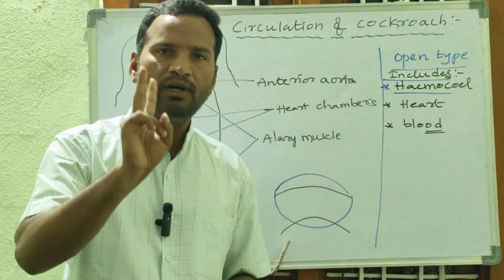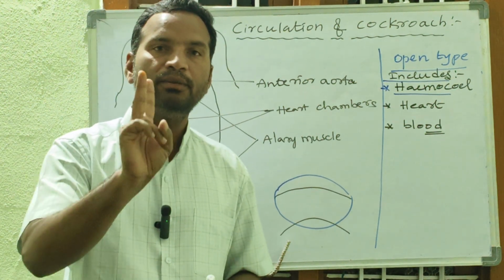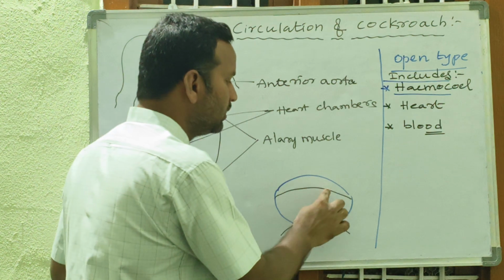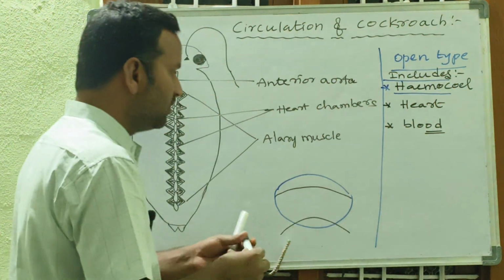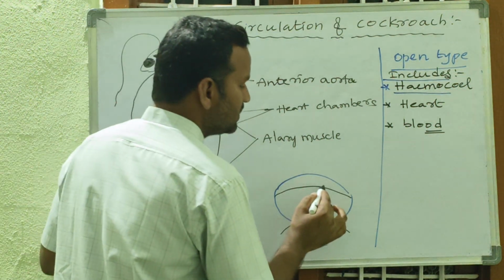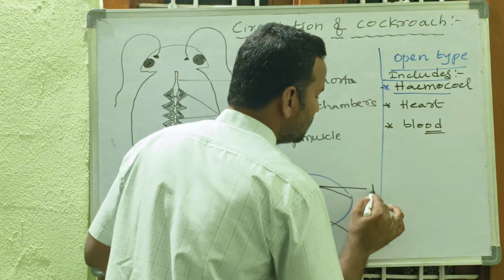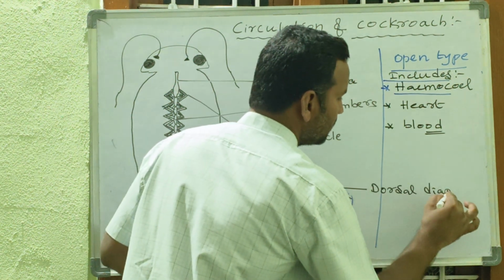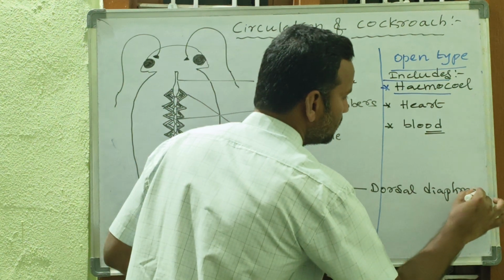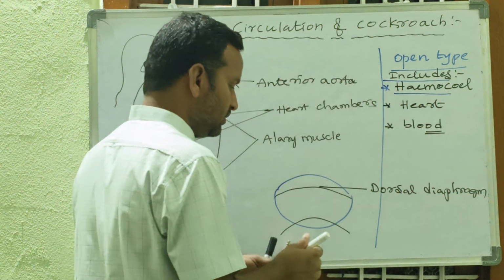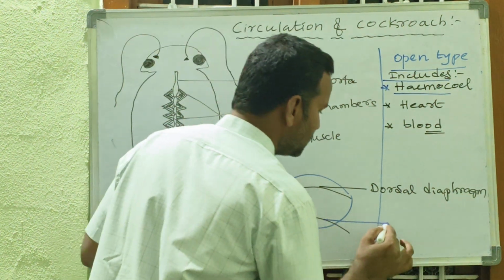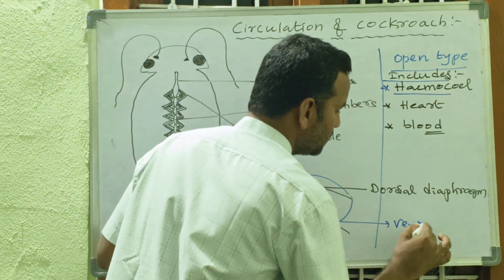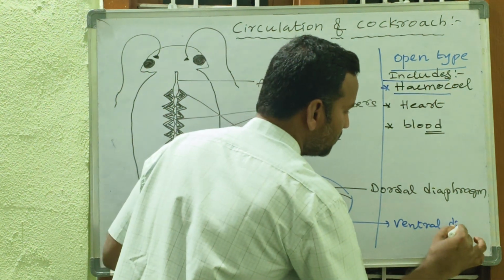It is divided by two horizontal membranes called the dorsal diaphragm and the ventral diaphragm. This is the dorsal diaphragm. This horizontal membrane is called the ventral diaphragm.